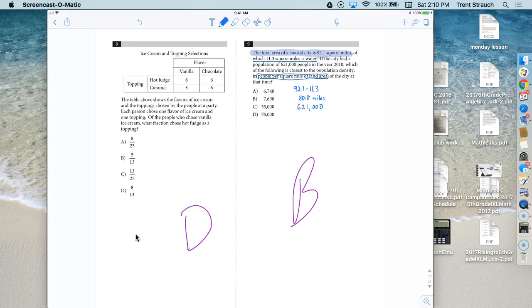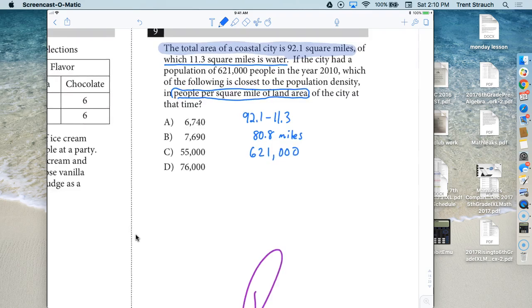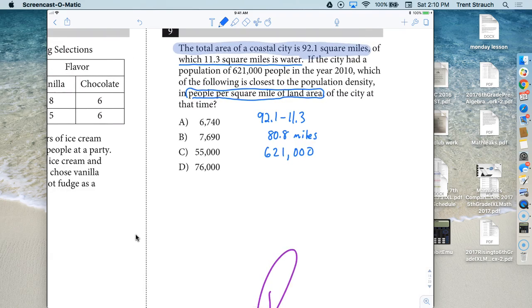All right. So again, I always tell kids: the total area of a coastal city was 92.1, of which 11.3 square miles is water. If the city had a population of 621,000 people in the year 2010, which of the following is closest to the population density? Now here's the key. People per square mile of land, right?